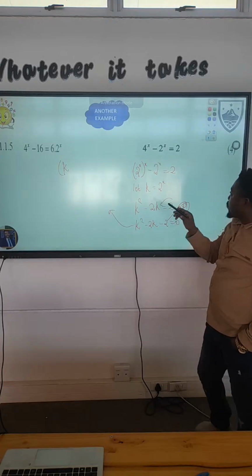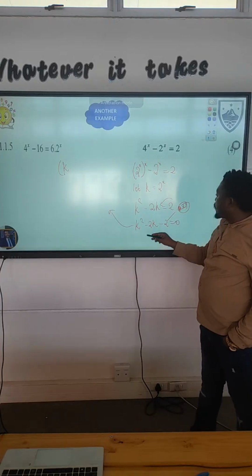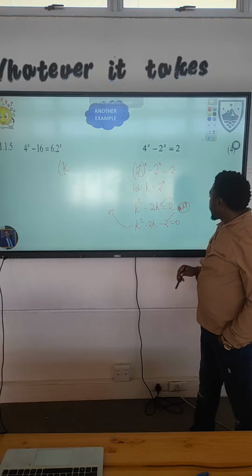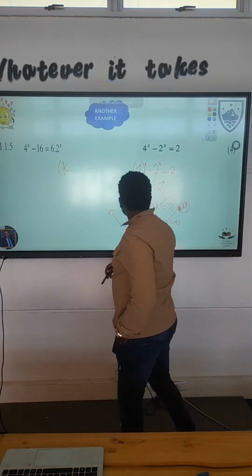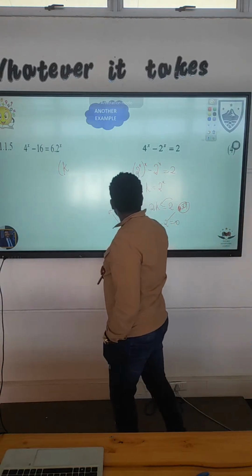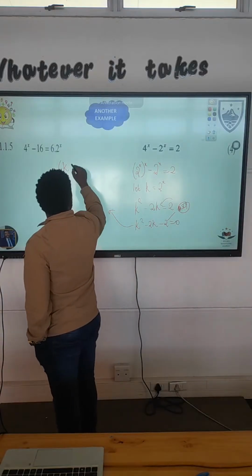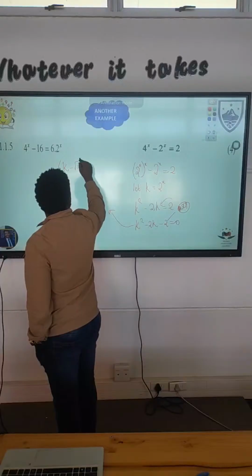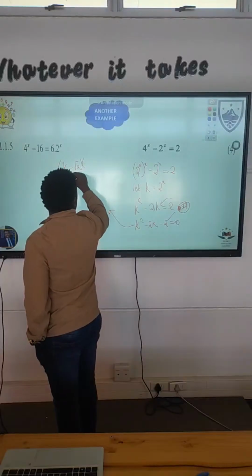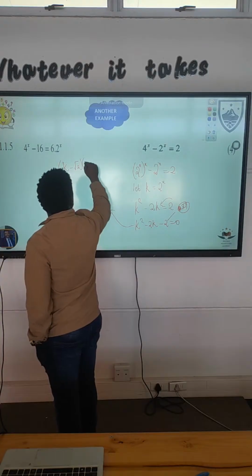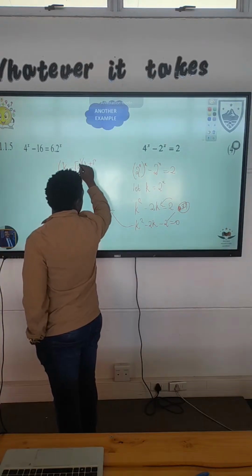So we cannot be able to factorize this. And then somebody can also say we will have a negative square root of 2. And then no, we cannot be able to factorize this. K plus square root of 2.